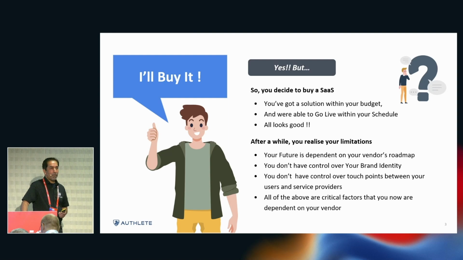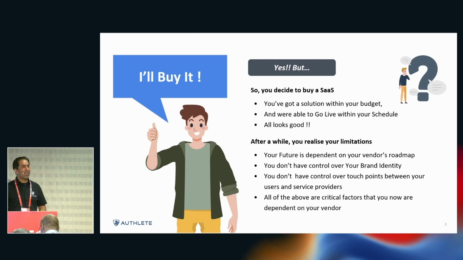Recently, what we've heard from many of our partners and customers is that once you buy a service and it's up and running and everything looks good, you start to realize that your future really becomes dependent on your vendor's roadmap.